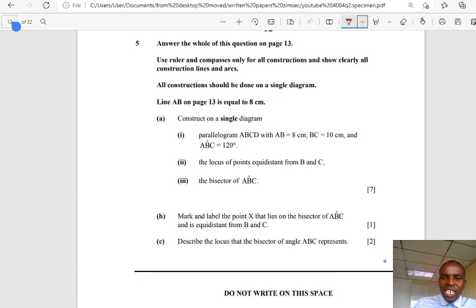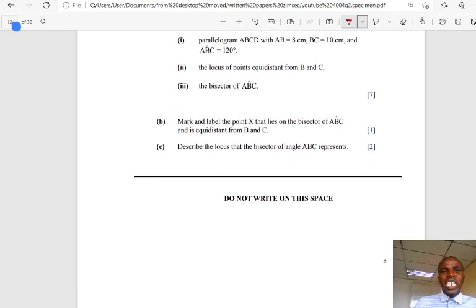So first thing, you just have to draw a rough sketch. But before that, you have to know the properties of a parallelogram. A parallelogram is a quadrilateral with pairs of opposite sides parallel and also equal.